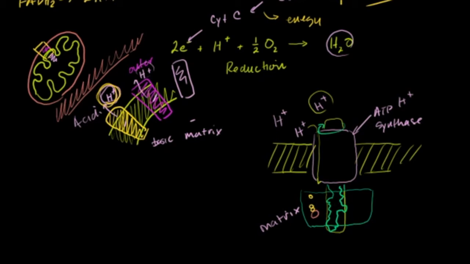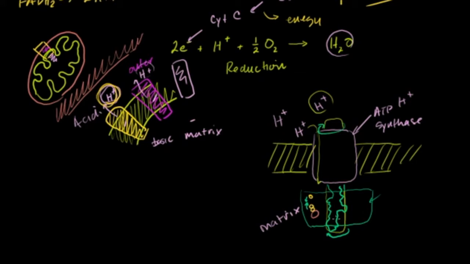But as this inner axle turns, because it's not a symmetrical tube, it has different things sticking out that have different amounts of atomic charge, and it's going to interact with this outer housing right here. As this turns, the outer housing, because of the proteins bumping against each other and electrical charge and whatever else, is going to squeeze the ADP and the phosphate together to actually form ATP.